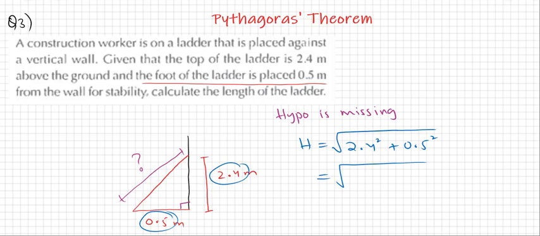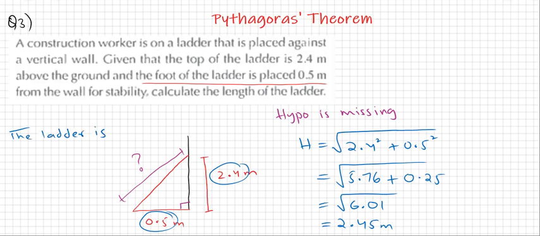So the square of 2.4 you can find from your calculator will be 5.76, and the square of 0.5 will be 0.25. When you add them, you get 6.01, and the square root of 6.01 will be 2.45. So you can say that the ladder is 2.45 meters long.